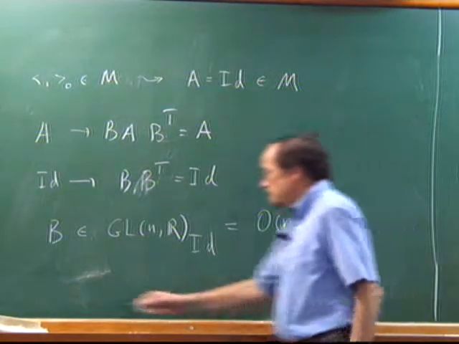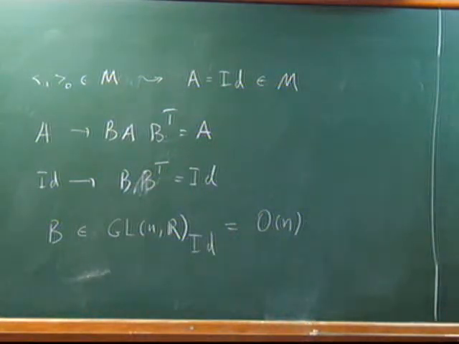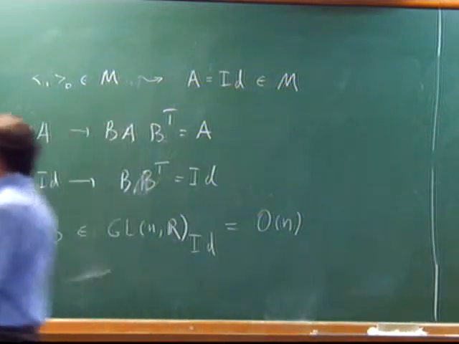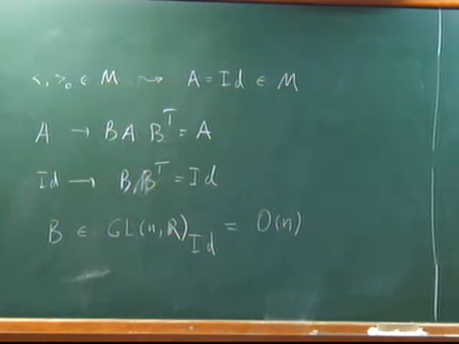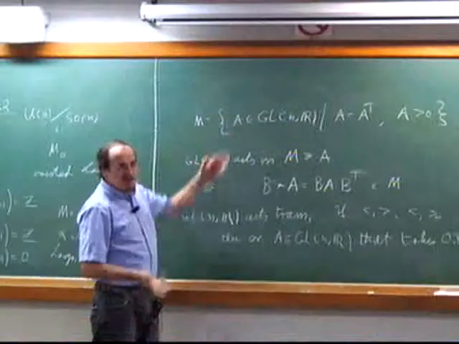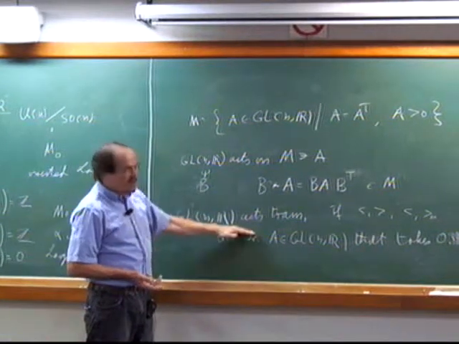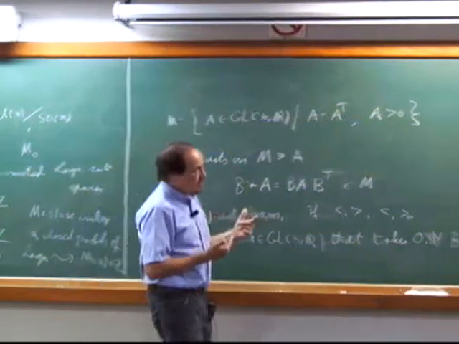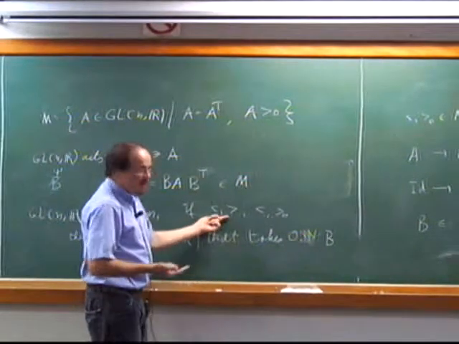So now describe it as a homogeneous space. I can describe it in two ways, either as matrices or as inner products. Sometimes one is more convenient than the other. For this here, I want to describe it as inner products. So I have two inner products, my standard one and my new one.